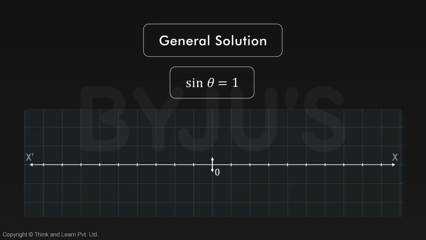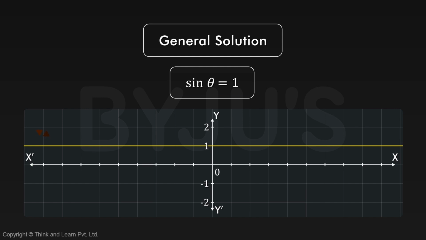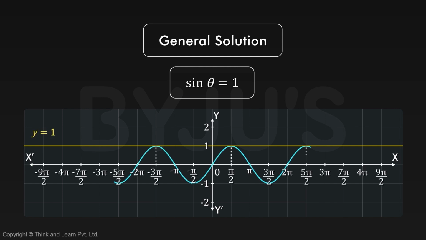So, we'll draw the horizontal line y equals 1, and in the same Cartesian plane only, we will also draw the graph of the sine function. Once again, we can identify that the points of intersection of both these curves will give us the general solution of the equation sine theta equals 1. Cool then. What are these points?